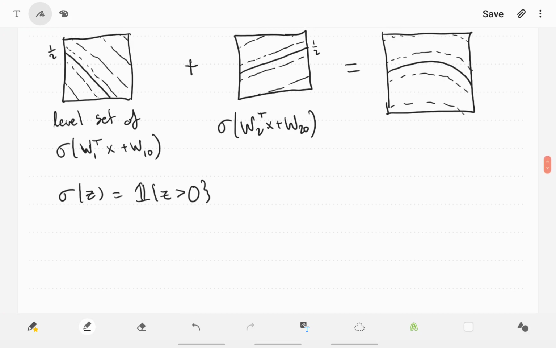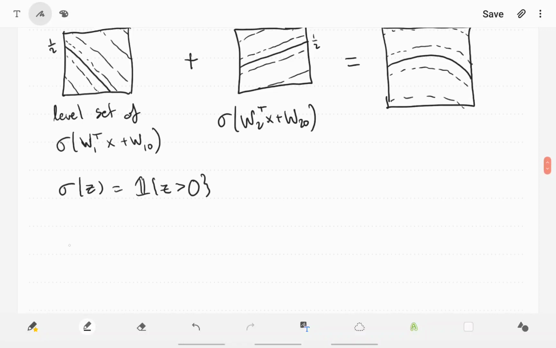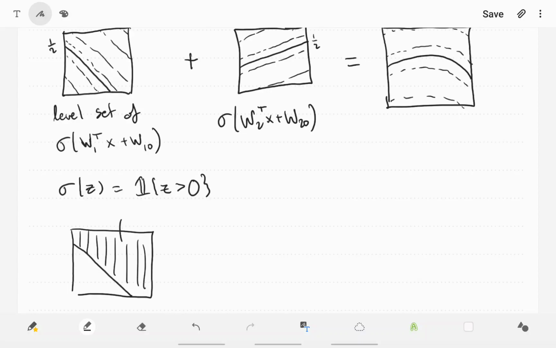So in this case, let's think about this again. In this case, we still will have the same decision boundary, but over here it's 1, and over here it's 0, for example.